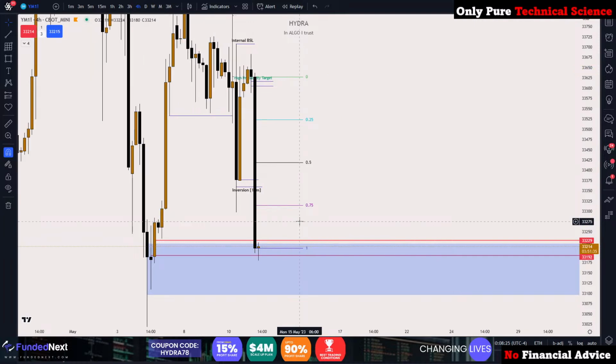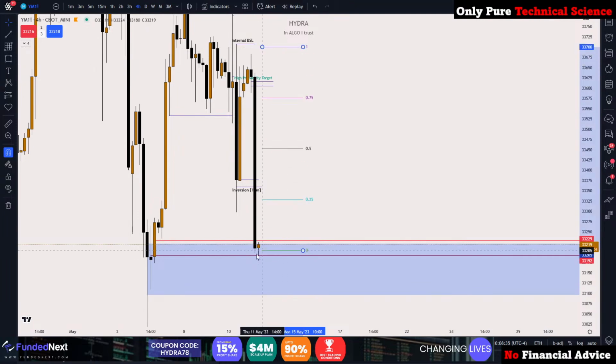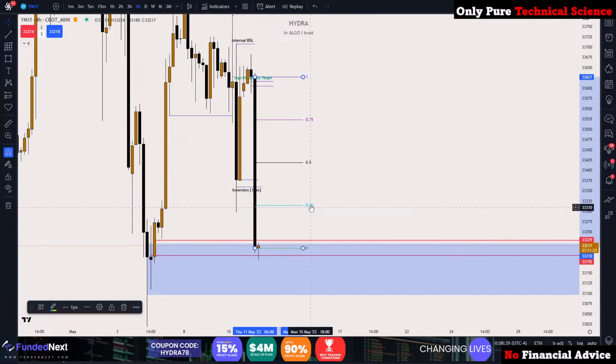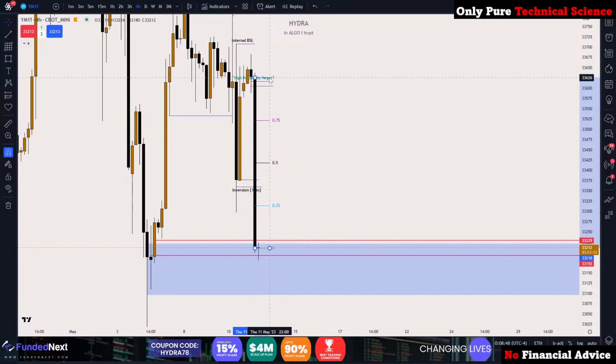Our lower quadrant of this measurement of this candle's body, I'm basically measuring the volume inside these candles. Where is most of the volume according to the measurement of this big candle? The lower quadrant comes here, 0.75. Sorry, the 0.25 will be here. The midway is here. So our target, the inversion that I outlined from the 15-minute chart, is below the lower quadrant. That makes it a high probability target.